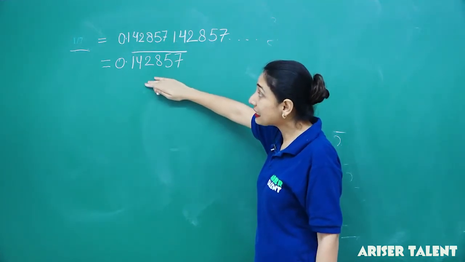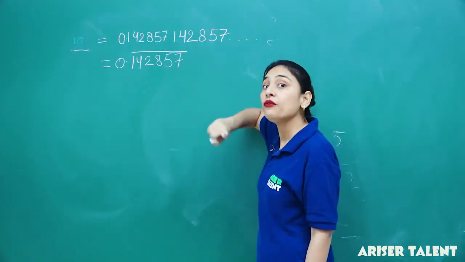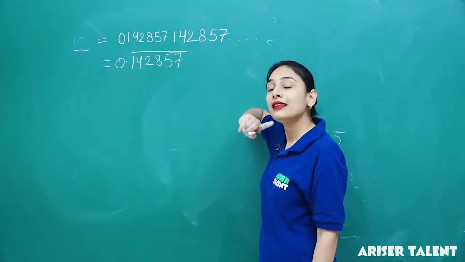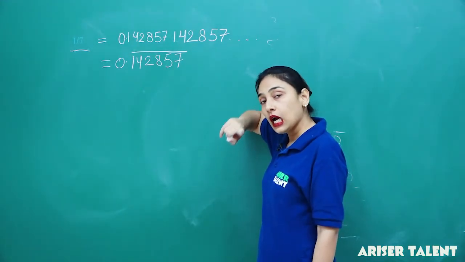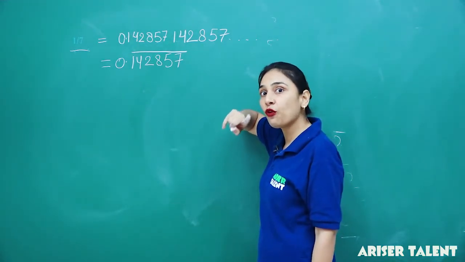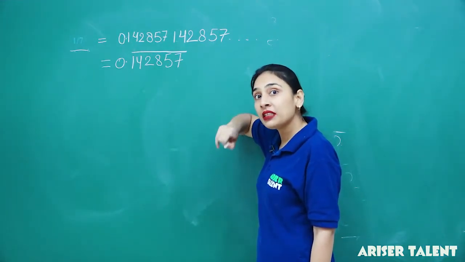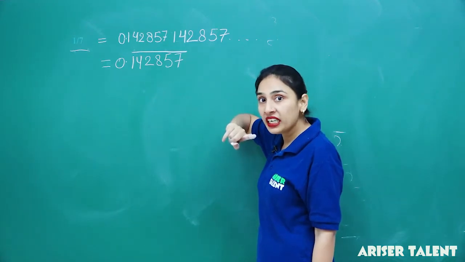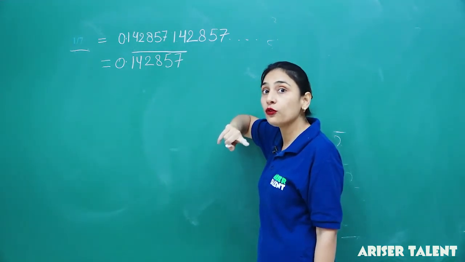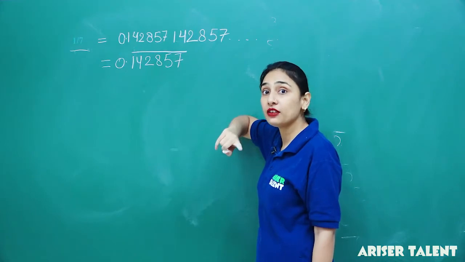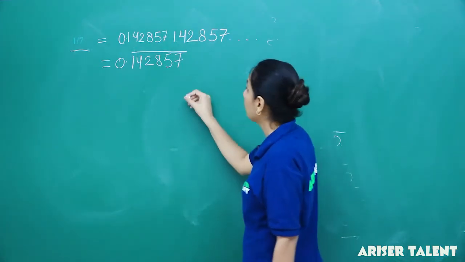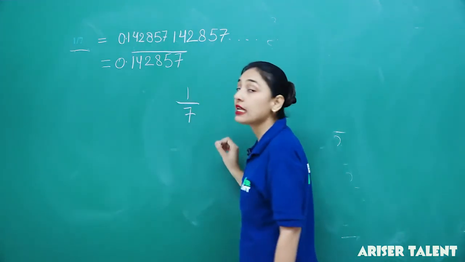Now, what's happening? We have studied that if a particular number is in the form of P by Q, then it will terminate only if the denominator is in the form of 2 raised to power n and 5 raised to power m. Now, look at this number 1 by 7.